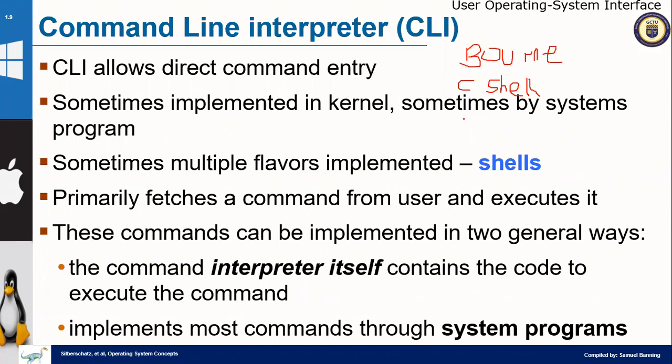We also have the Bourne Again shell, what we call the bash. This bash is what you usually see on Linux systems. We also have the Korn shell. These are examples of some of the shells that we have. And all these are command line interpreters.